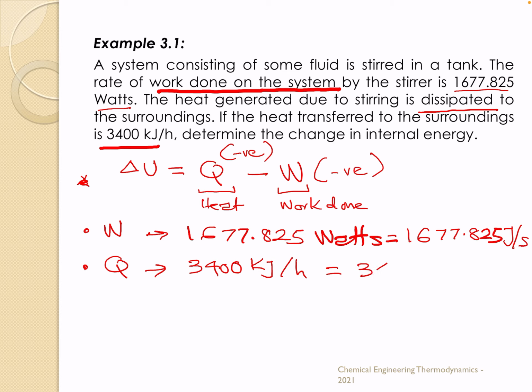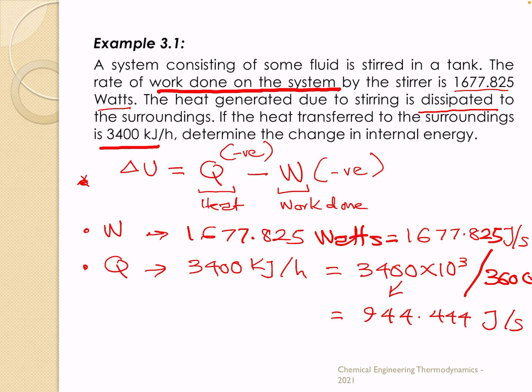That will be 3,400 times 10 raised to power 3, which converts kilojoules to joules, and then we convert hours to seconds by dividing by 3,600. That should give us 944.44 joules per second. So looking at this, we have Q and W in the same unit.